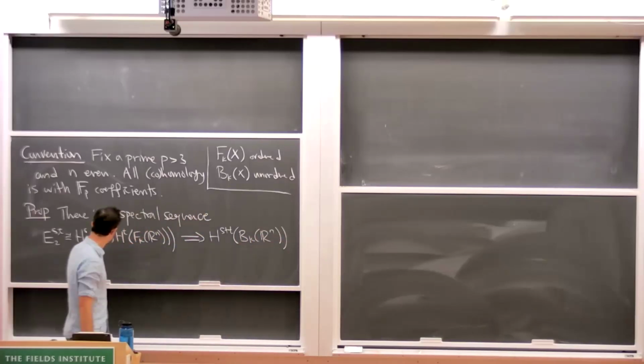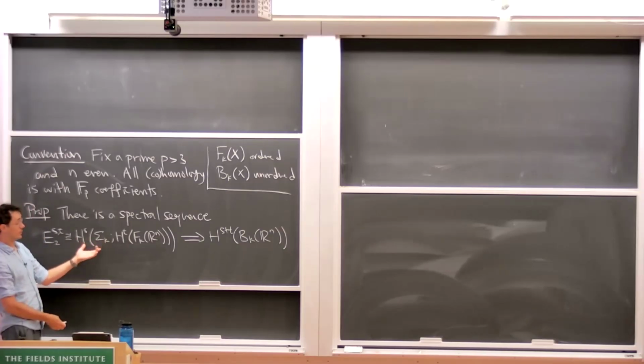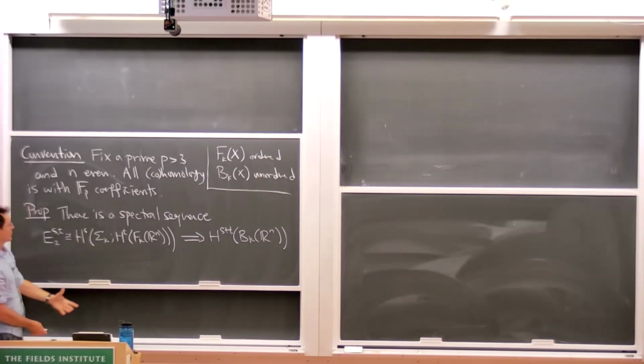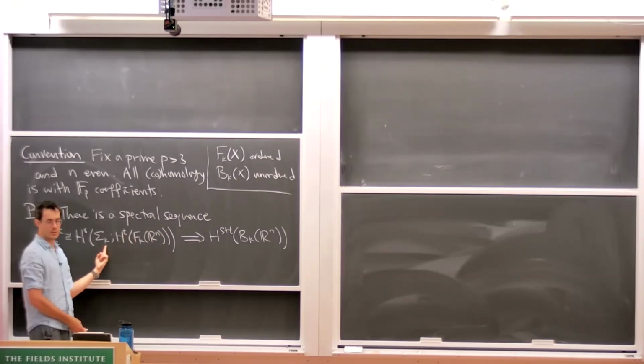Okay. If you haven't seen group cohomology, you don't need to know that much about group cohomology to follow what's going on. You might be soothed to know that group cohomology is the same thing as the cohomology of the classifying space of the group with twisted coefficients, perhaps twisted coefficients. In this case, they are twisted. And so we're thinking of this vector space as a representation of this group.